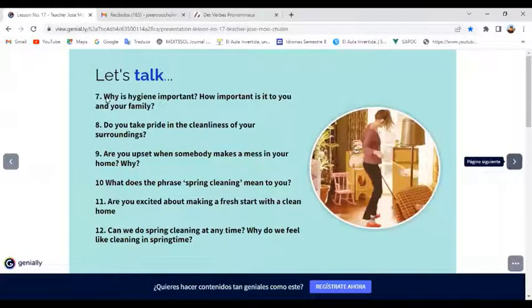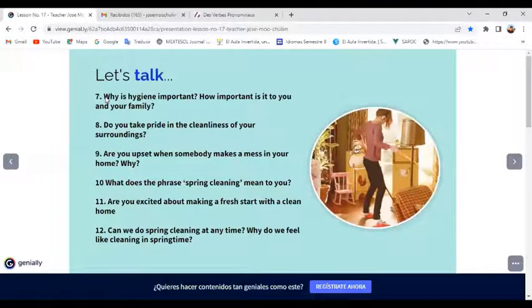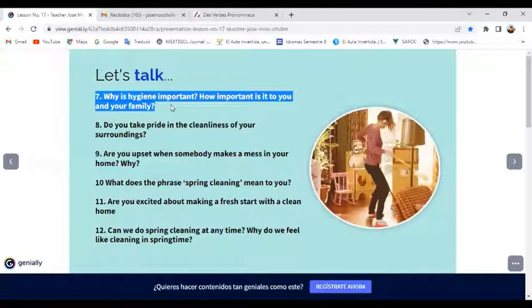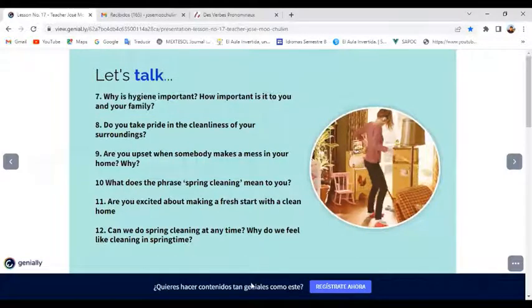Okay, we have this question, the seventh question. Why is hygiene important and how important is it to you and your family? Edgar? It's important because obviously hygiene prevents and avoids infections or bad symptoms.